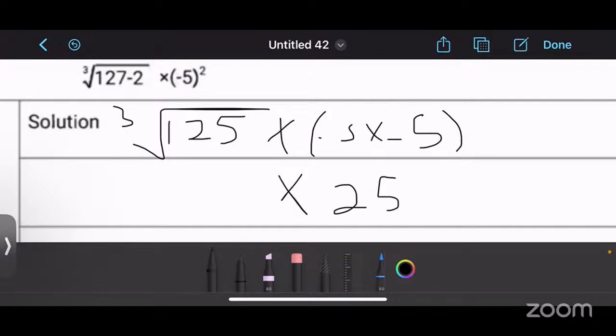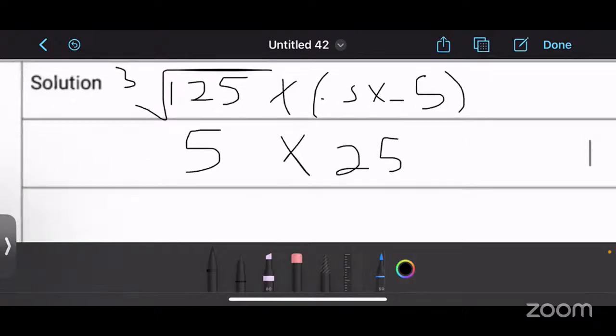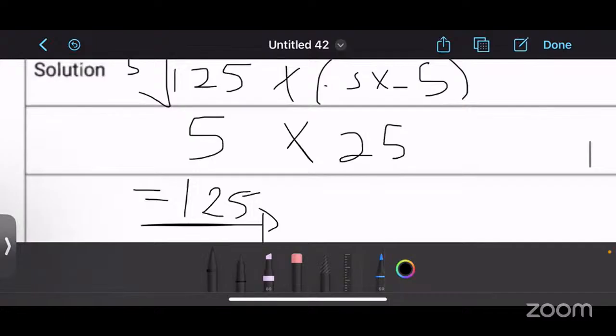Manahil, what's the next thing? So the cube root of 125 is 5. Mm-hmm. And then you're going to say 5 times positive 25, which is 125. And this is Manahil's answer.